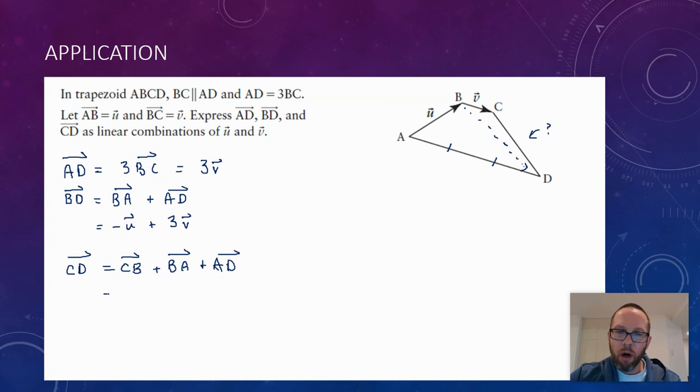And we know all those things in terms of U and V. CB is the opposite of BC, which we called vector V. So CB is negative vector V. BA is negative vector U. And AD, we've already established, is 3 times vector V. And we can add those like terms together, like vectors. That gives us negative U plus 2V, or 2V minus vector U, those mean the same thing. So we've expressed those as linear combinations.